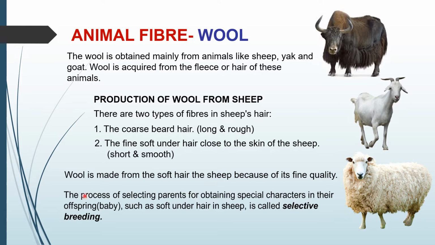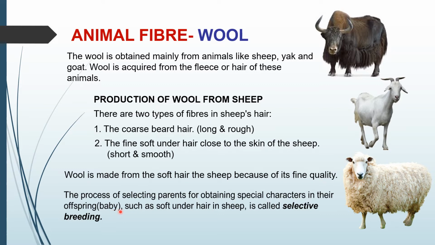The process of selecting parents for obtaining special characters in their offspring, such as soft under hair in sheep, is called selective breeding. For getting good quality wool, we select the parents of the babies. If the parents have good special characters, then only their babies also have such characters.